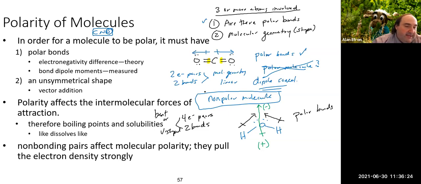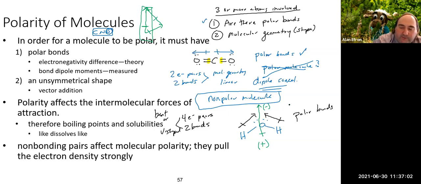Well, if you take these bond dipoles and put them tip to tail, the one dipole that was drawn this way and the other dipole that was drawn this way actually add to each other, heading in this direction. And that is where our dipole moment comes from, because of the way the geometry is. You can see them pass each other and add to each other in that direction, and that's why we have the overall dipole moment.